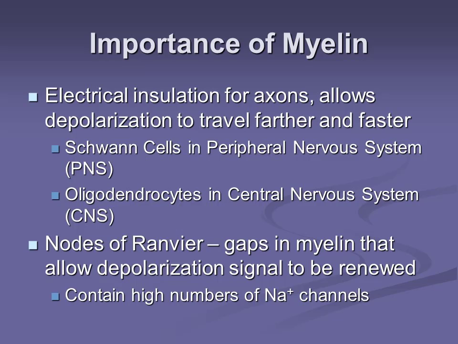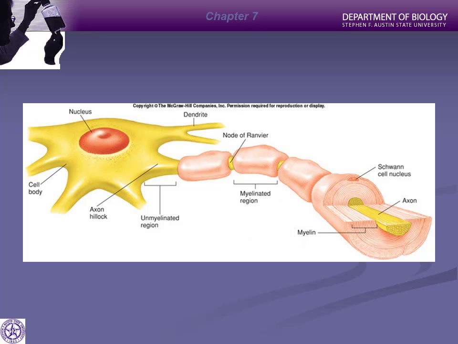And so what happens is our action potential is beginning at the axon hillock, and as it's moving down our axon, it's going to appear to jump from node to node to node. And this jumping and the moving of ions is what speeds up that transmission of the action potential over 100-fold.